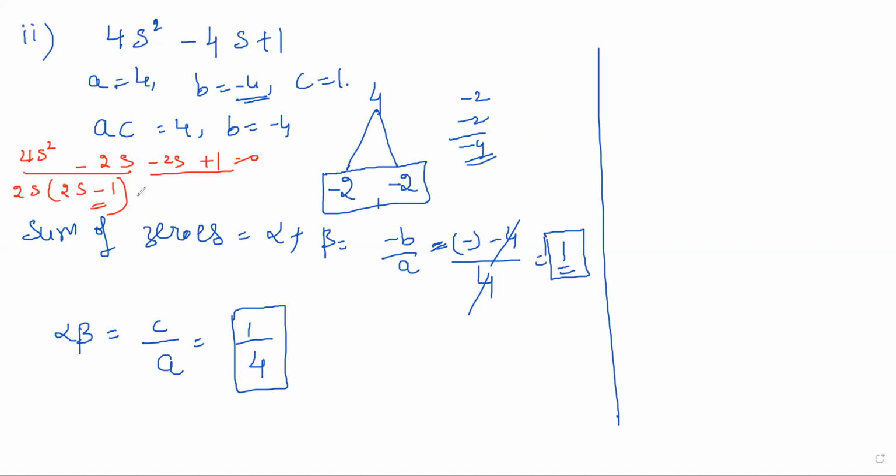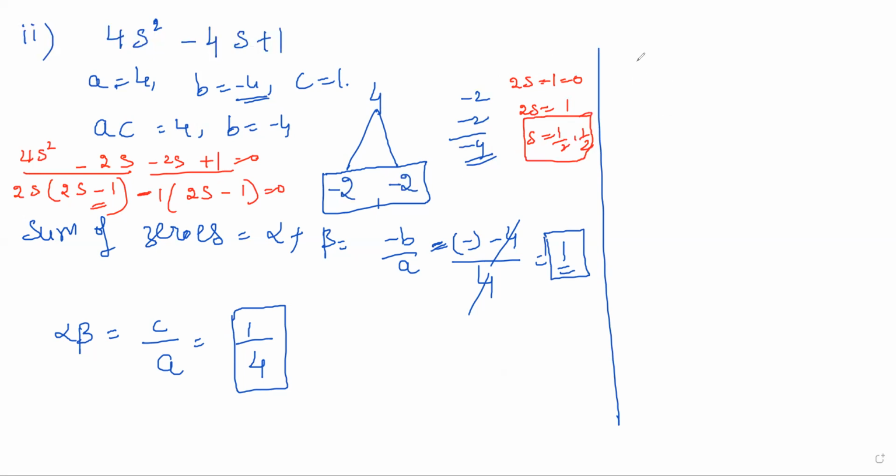So you have to take minus as a common factor. Whenever you take minus as a common factor, inside the bracket you have to change the signs. It is minus 2s, we have taken minus as common factor, so it becomes plus 2s. It is plus, so it becomes minus. Now 2s minus 1, 2s minus 1. Right, children? 2s minus 1 is equal to 0. So 2s is equal to 1. s is equal to 1 by 2, 1 by 2. Both are the same.